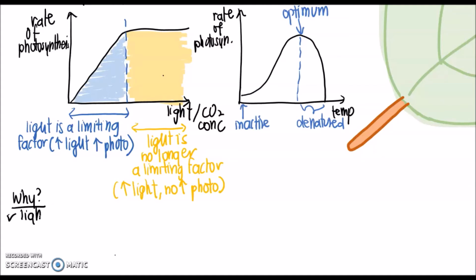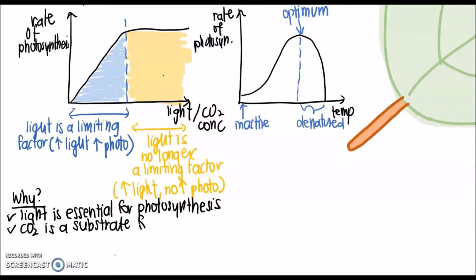Now, why are these graphs in these shapes? Because light is essential for photosynthesis, and carbon dioxide is a substrate of photosynthesis. So when I increase light intensity, I can increase photosynthesis. Or when I have a higher concentration of carbon dioxide, photosynthesis is faster as well. So that is the explanation.